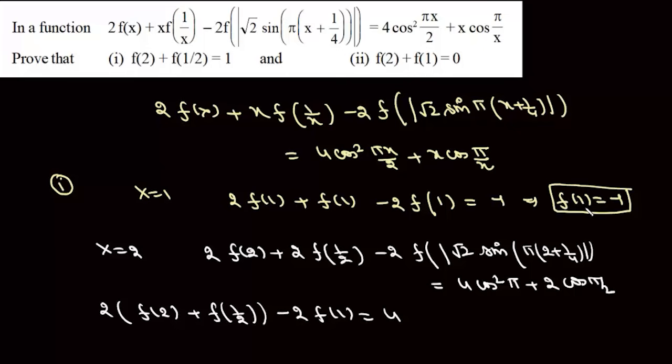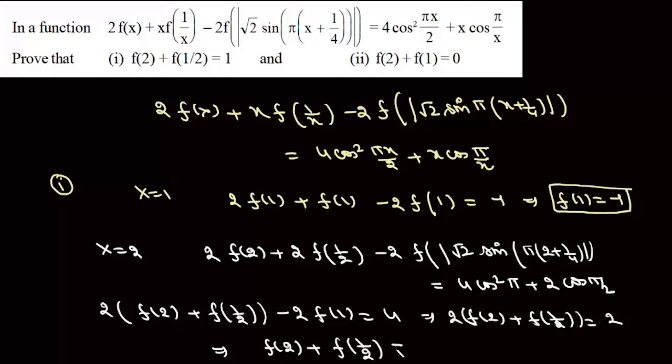Now we know that f(1) is minus 1, so we'll get 2 times (f(2) + f(1/2)) equal to 2, or we can say f(2) + f(1/2) is 1, which is what we need to prove in this first part.